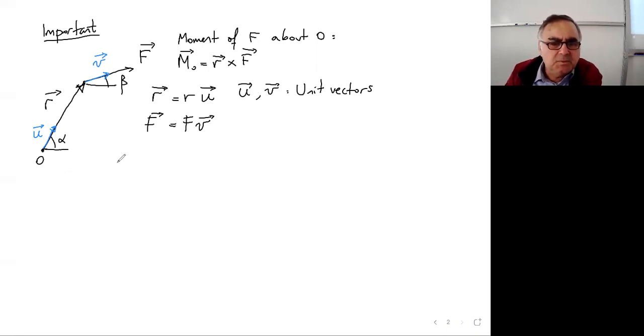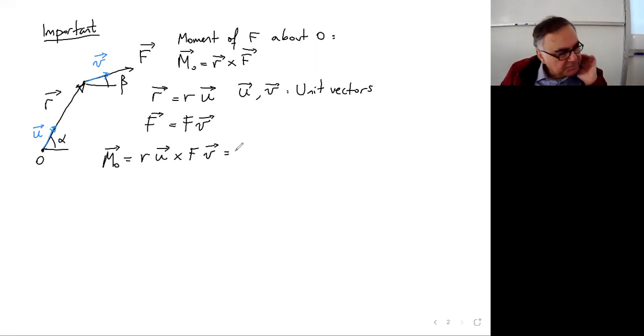So the moment about O is R cross F, which is RU crossed with FV, which is RF times U crossed with V. But what is U and V?